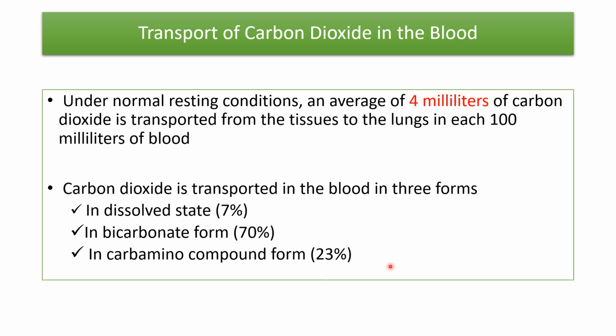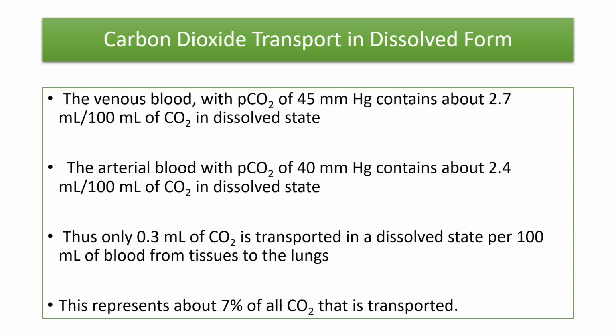Then 23% is in carbamino compound form, that is in combination with hemoglobin and plasma protein. The remaining 7% travels in the blood in dissolved state.